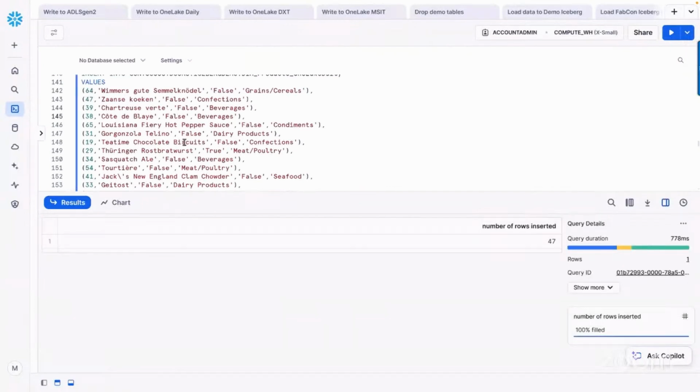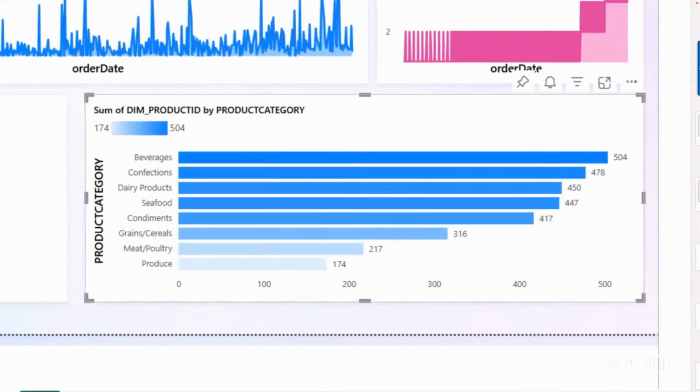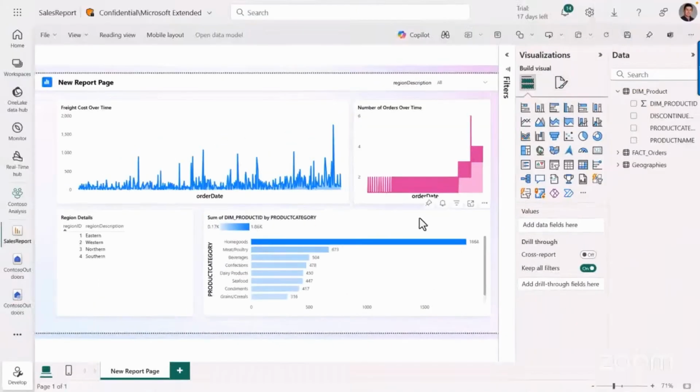What happens? Then we go back to OneLake. And once it's done, you'll see that the updates are now visible in OneLake. Right? Refresh the data, see the new data. There you go.